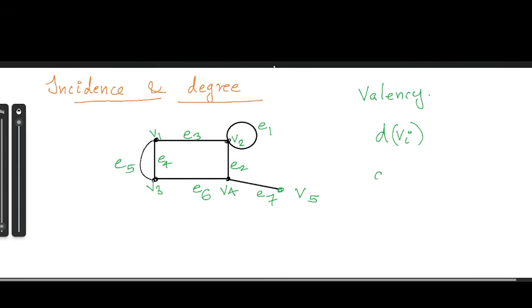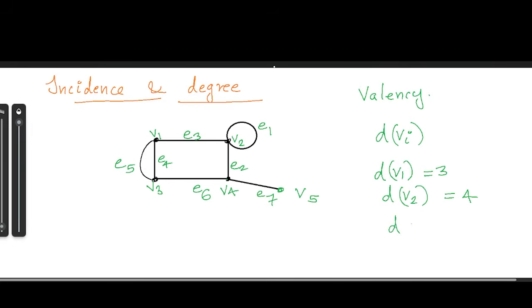Here we can see that the degree of V1 is equal to 3, the number of edges incident with V1. Degree of V2: there is a loop, E1 is a loop, then E3 and E2 are connected to V2. So the degree of V2 is 4.